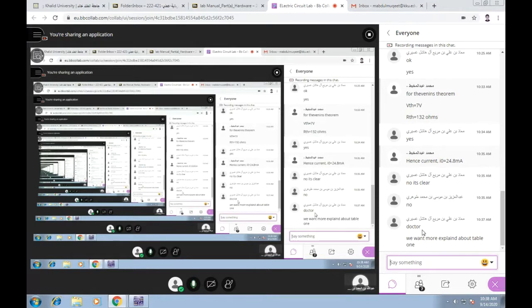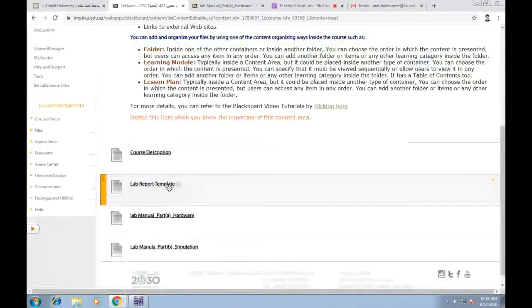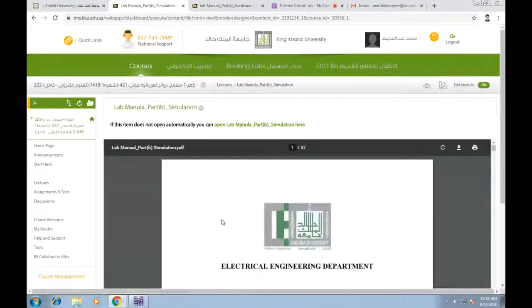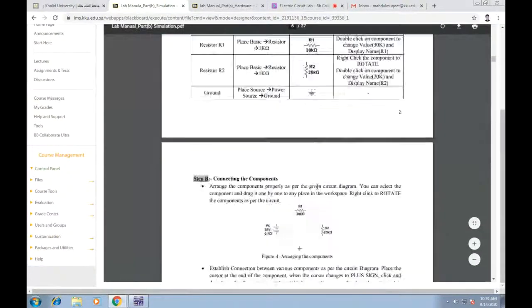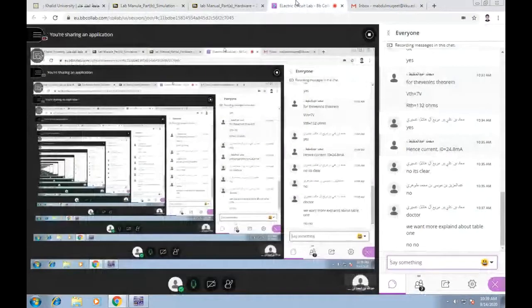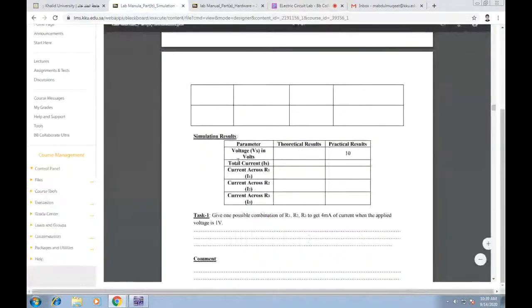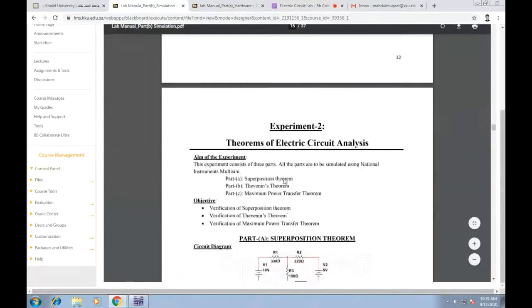More explanation about table 1. So table 1 from experiment number 2. Then which experiment? Which table 1?